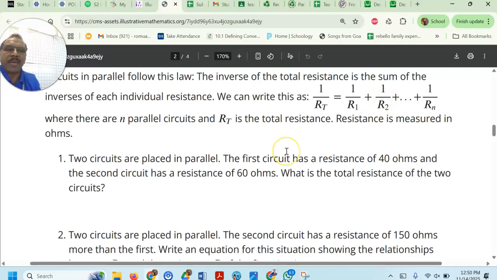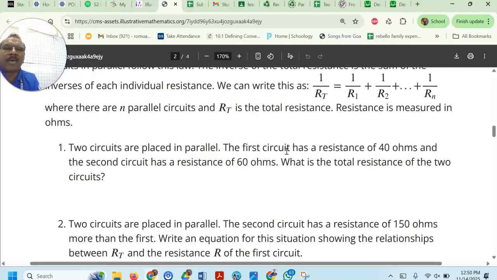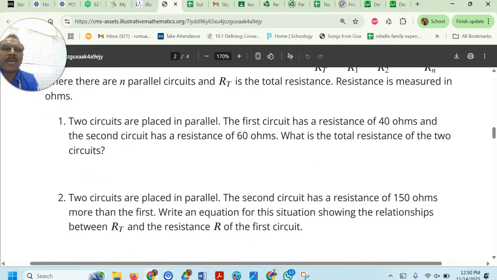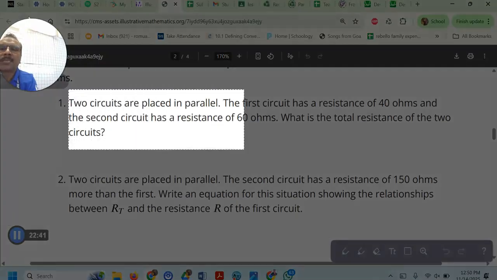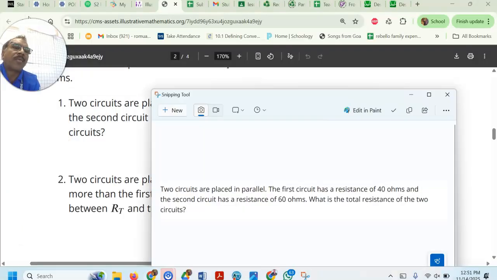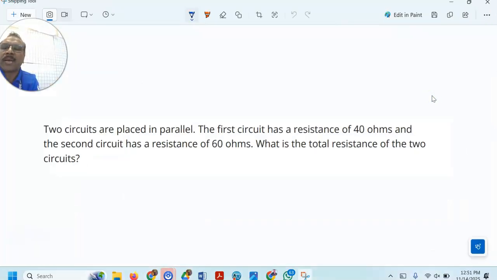So what will be the equation? Let me copy this question directly. Okay, this is the first question.